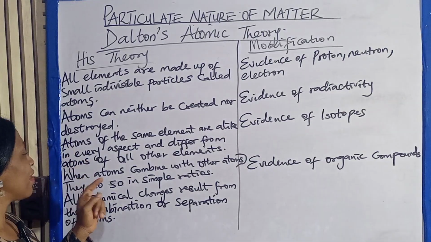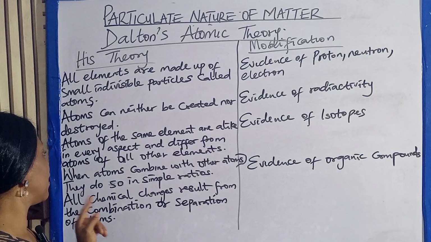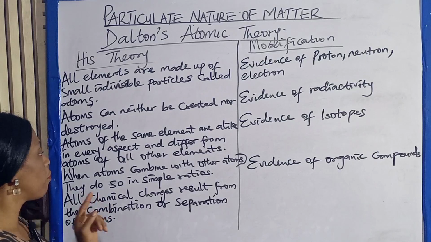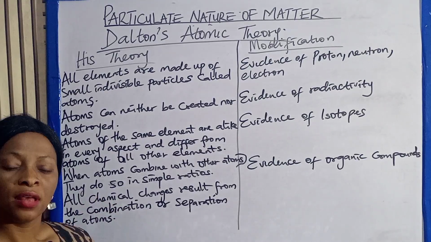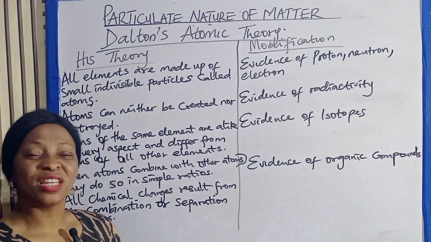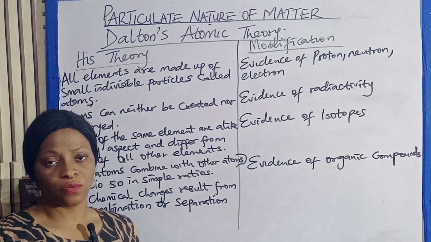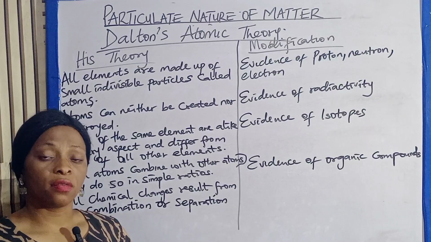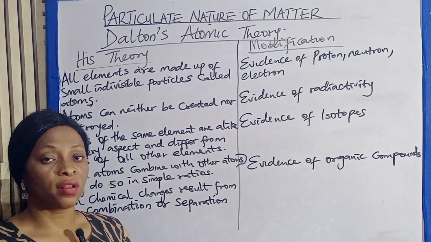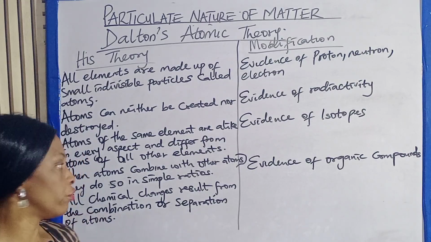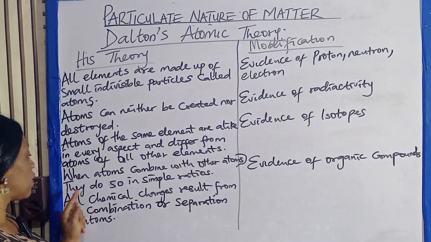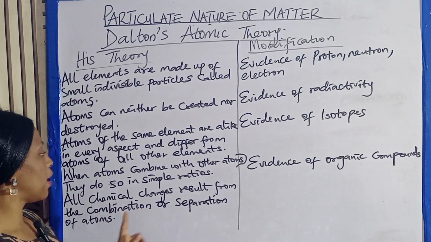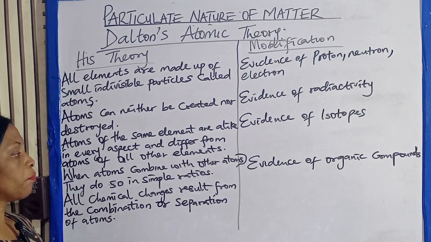Then Dalton said that atoms of the same element are alike in every aspect and differ from atoms of all other elements. It has been modified due to the evidence of what? Isotopes. Now, isotopes have the same atomic number or the same number of protons but different number of neutrons. Then Dalton also said that when atoms combine with other atoms, they do so in simple ratio.